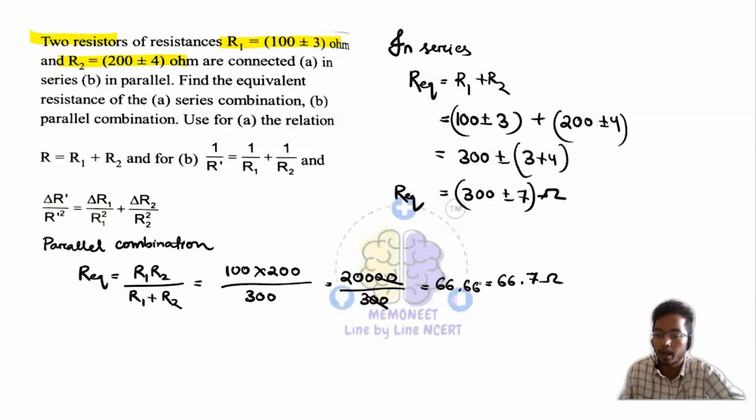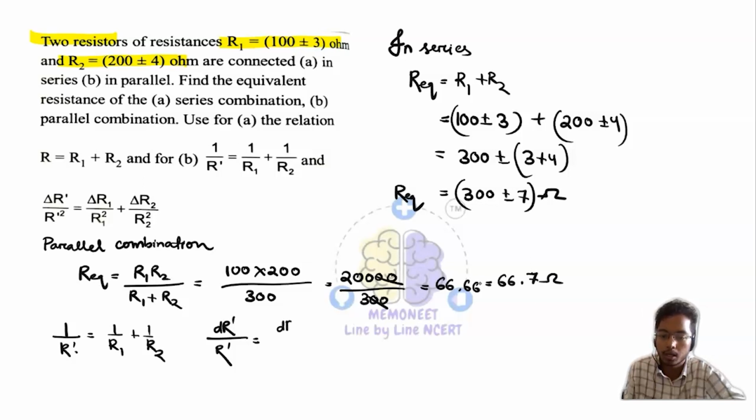If we want to find the error, we know that 1 upon R equivalent is equal to 1 upon R1 plus 1 upon R2. If we differentiate it, dR dash upon R dash square is equal to dR1 upon R1 square plus dR2 upon R2 square.